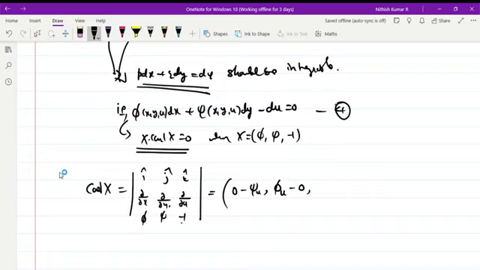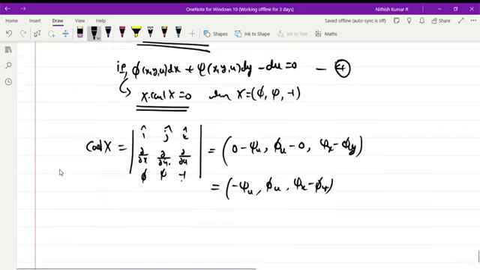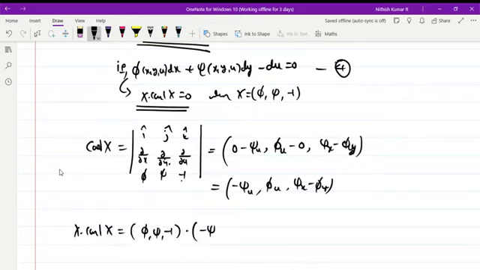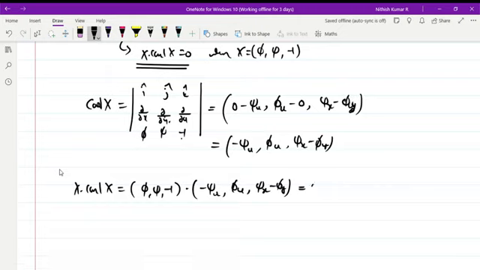The first component is differentiation of minus 1 with respect to y, which is 0, minus differentiation of psi with respect to u, that is psi u. The second is phi u, and the third is psi x minus phi y. So curl X is (minus psi u, phi u, psi x minus phi y).